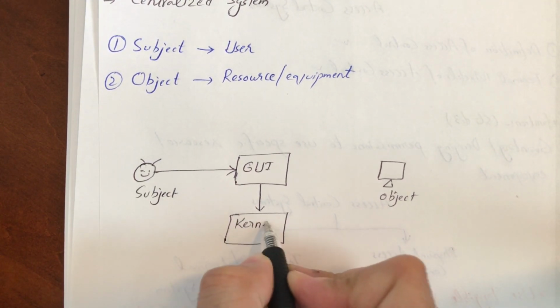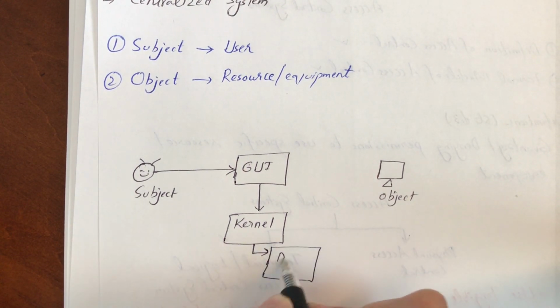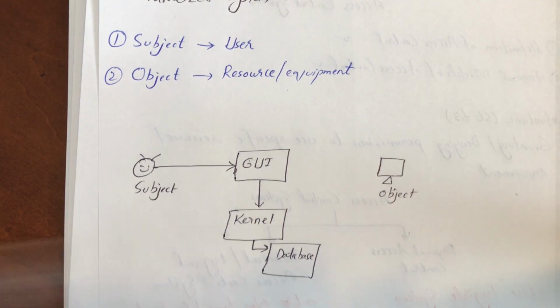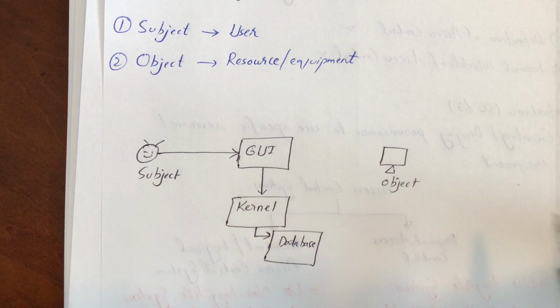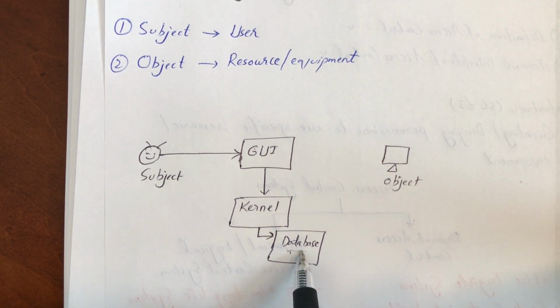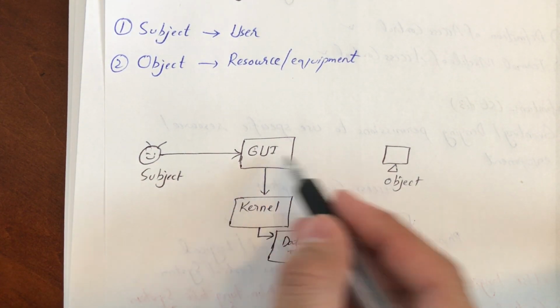So we have a security kernel, and the security kernel has access to the authentication database, where we have stored information like which subject can access which object, etc. All the access control information is stored in this database. So the subject requests to access the object.